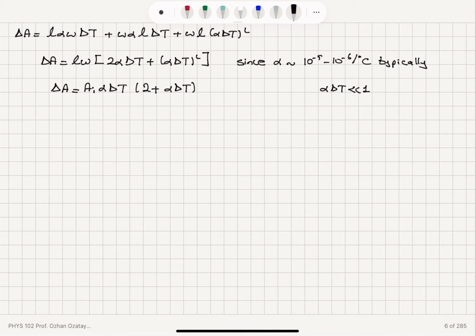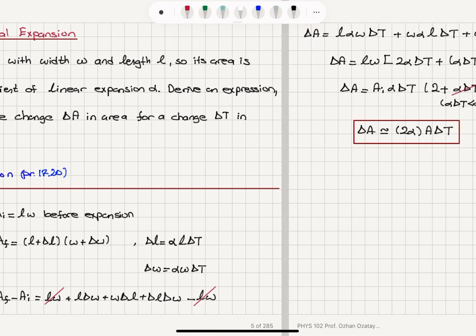And therefore typically we will have alpha times delta T also much less than 2. Therefore, we can neglect this term. So what do we obtain then? Delta A is approximately 2 alpha times the initial area A times delta T. So the coefficient of areal expansion is twice the coefficient of linear expansion, 2 alpha.